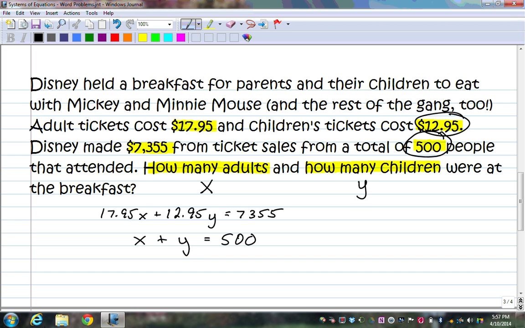Okay? Now, let's see if we can solve this thing. How are we going to do this one? How about elimination? Seems to make sense, right? What if we multiplied the equation down at the bottom by 17.95, and then we'll get rid of the x's.